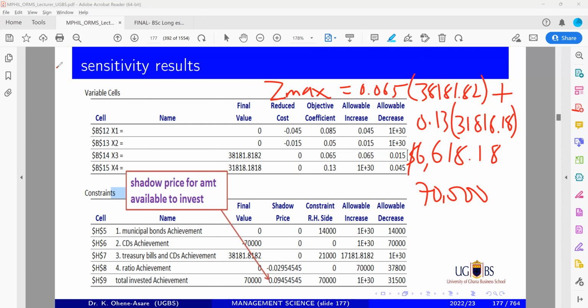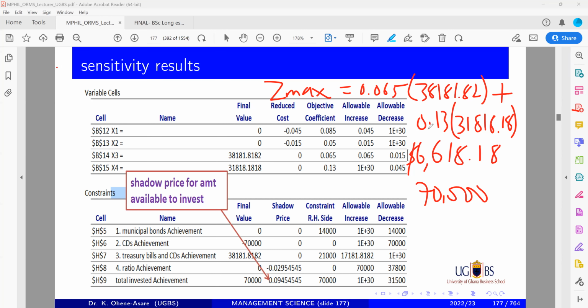So 3818.81 plus 31818 will give us the total 70,000. Perfect. That's it. So she did invest everything, and then she was able to get that amount. Let's move on to the next question.